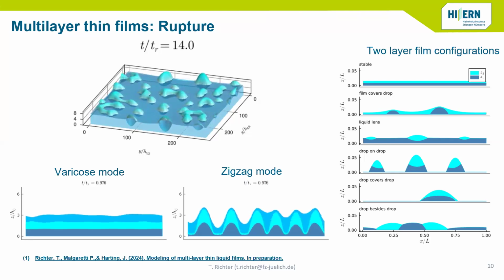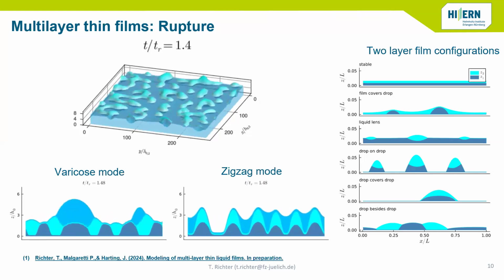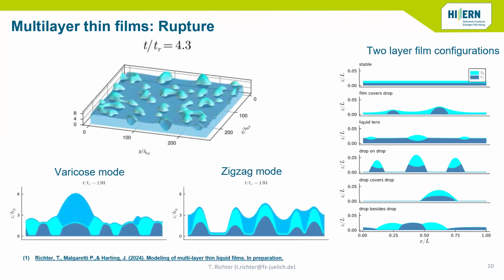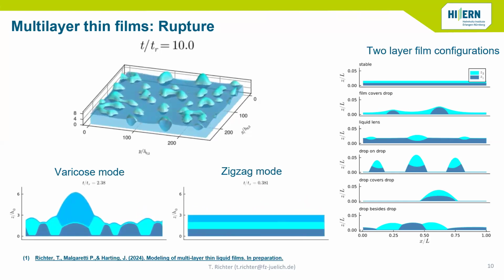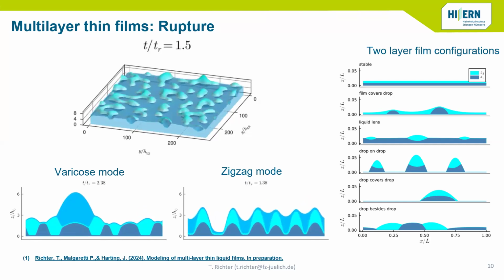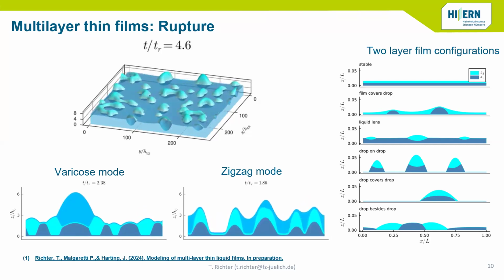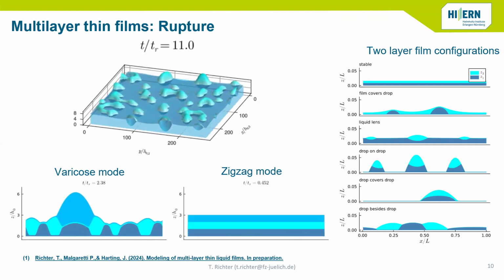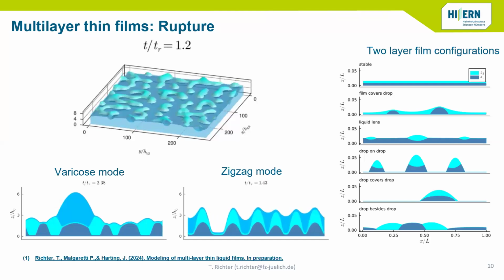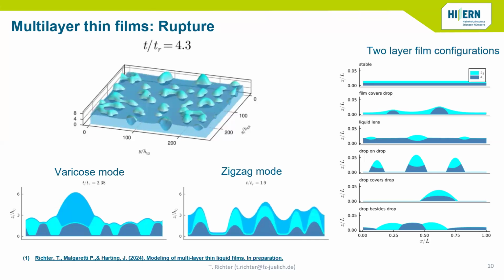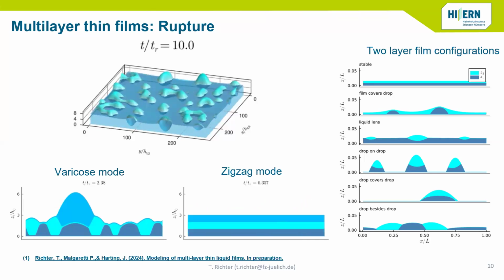For the 3-layer films, in this video we don't see it, but if the surface tensions are chosen too large numerically, we see problems in regions where you have multiple of those. This is supposed to be a de-wetted film, so we keep this small precursor layer, which is what in thin film equation typically is done. And we get numerical problems sometimes in those regions where we have multiple of those precursor layers on top of each other. But in the bulk, I haven't seen it.